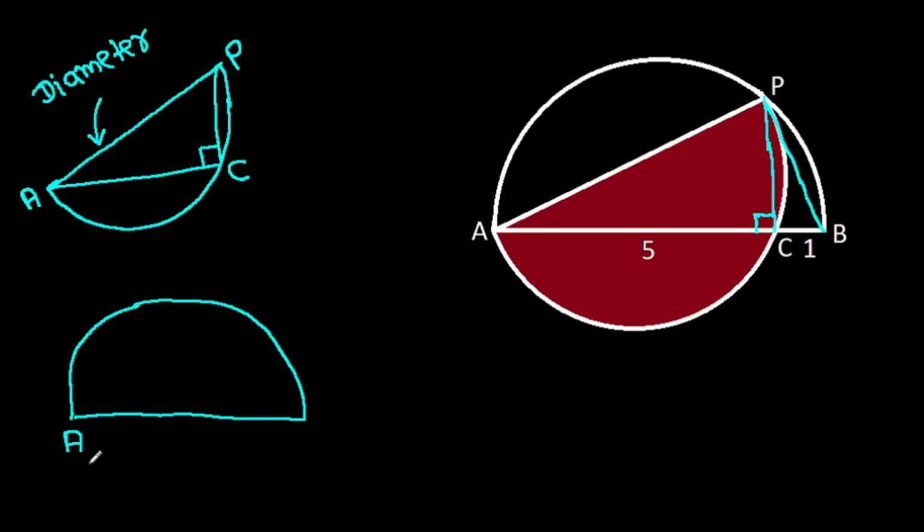This point is A, this point is B, then AB will be the diameter, and P is a point on the circle, so angle APB will be 90 degrees.